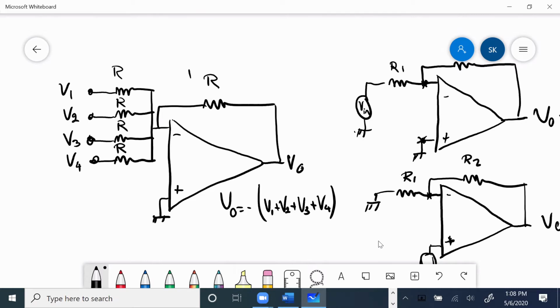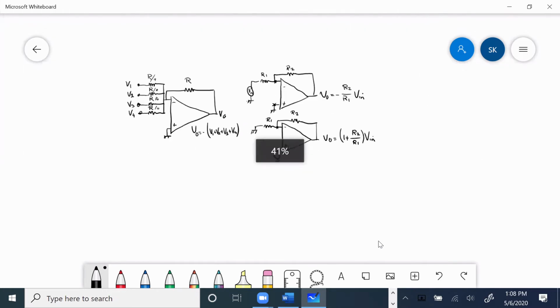Let's call this 8R over 8, R over 4. That's a quarter of R. R over R. R over 4. No, we must make it 4R.